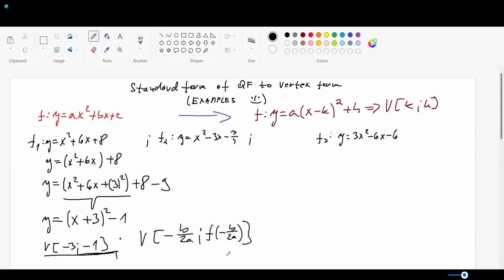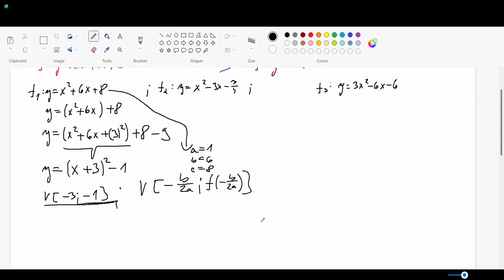Okay, so what it basically means, you just take the standard form here and you find out that a is equal to 1, b is equal to 6, and c is equal to 8. So far you have all important information, and you can evaluate at least the x coordinate of the vertex, which means negative b over 2a is then negative 6 over 2 times 1.